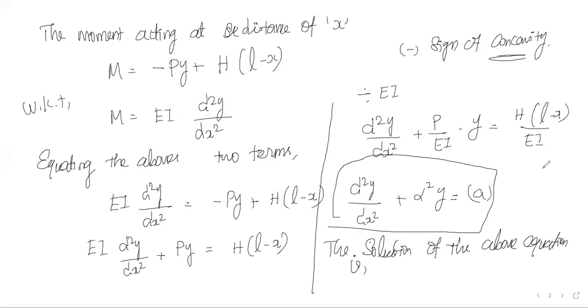Here alpha squared is equal to P by EI, so alpha is equal to root under P by EI.